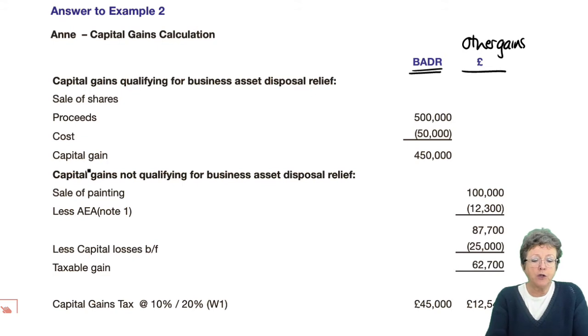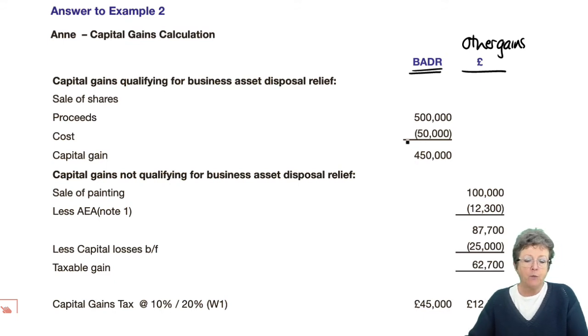So the ones that qualify for relief are the shares. Proceeds less cost equals gain. Okay. Now, what doesn't qualify is the painting. So that's in the other gain column. And as we noted in the manual itself, the AEA goes against anything that's going to be taxed at a different or a higher rate.